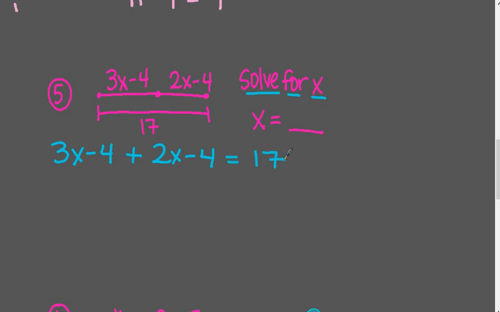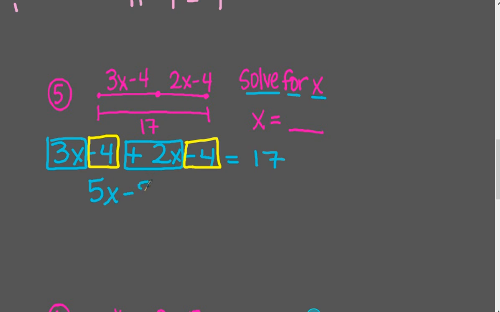Now I can solve for x by combining like terms. 3x, a positive 2x, and then over here I would have a -4 and a -4. So for x's, I have a total of 5 of those, and then -4 minus 4 is -8.